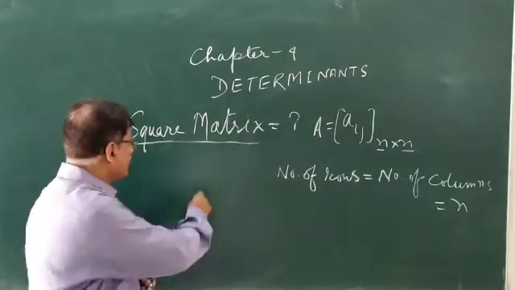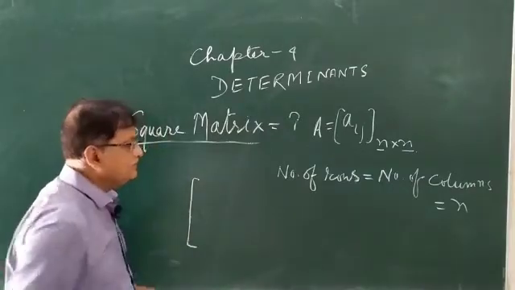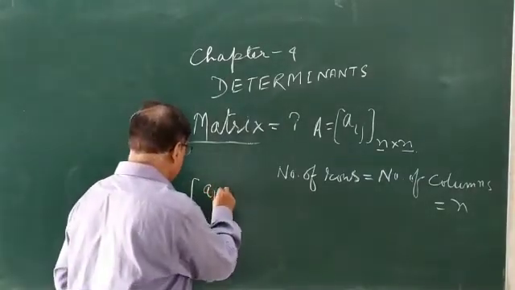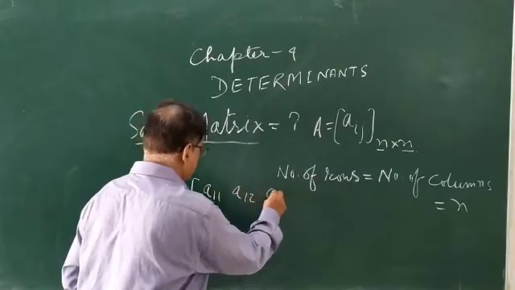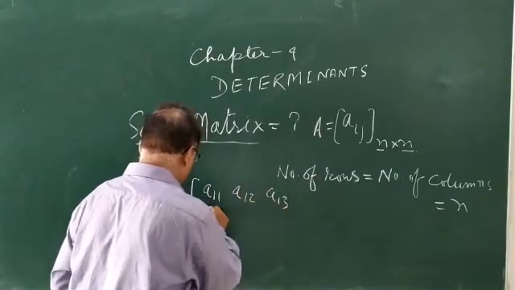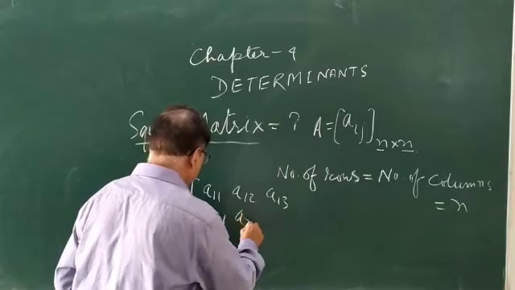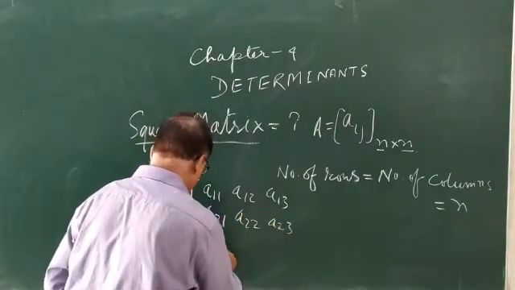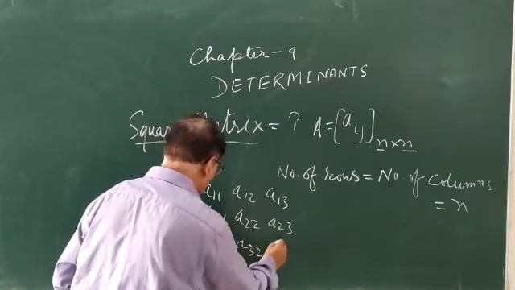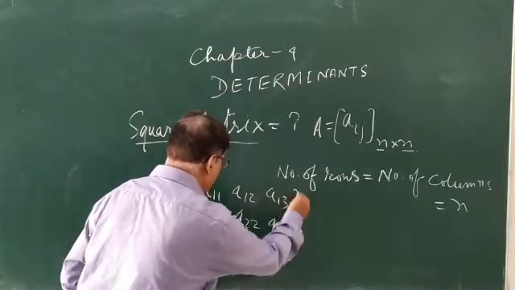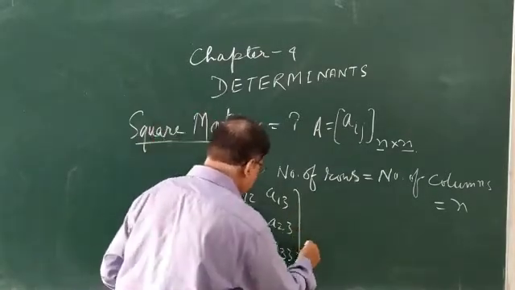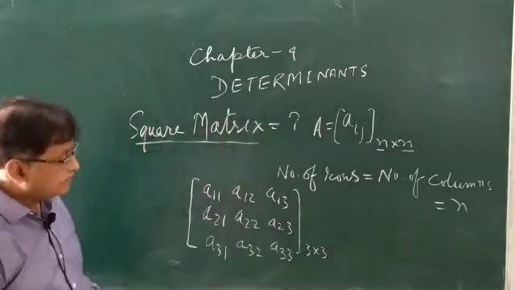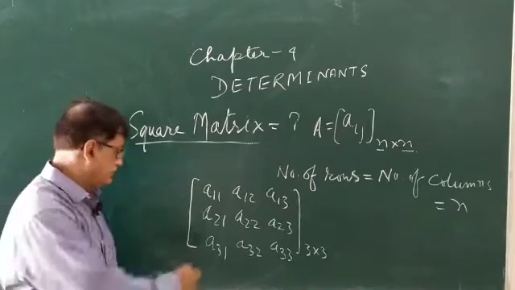But you are unable to find the value of a square matrix, suppose 3 by 3. What is the value of the square matrix? That is a square matrix of order 3 by 3, but you cannot tell about the value of this matrix.